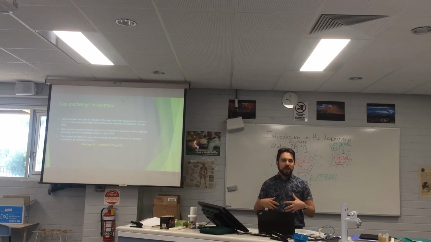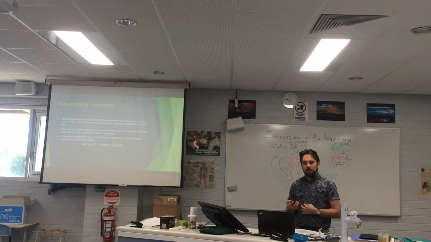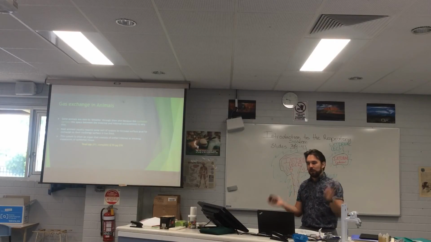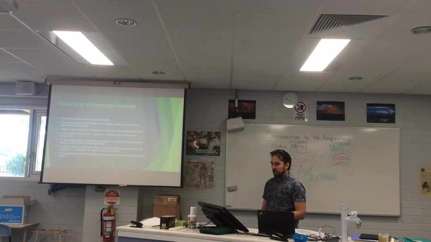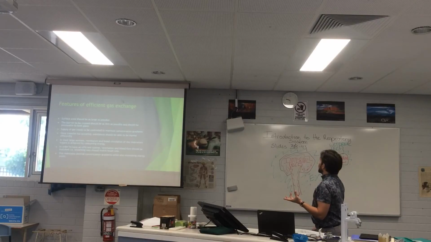So it's either that we have an incredibly complex internal system, like we do, or a complex external system, like axolotls or salamanders do, where they have their lungs, or effectively their gills, on the outside of their bodies. So, some quick features of efficient gas exchange.